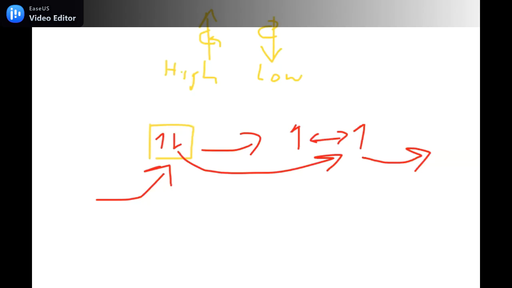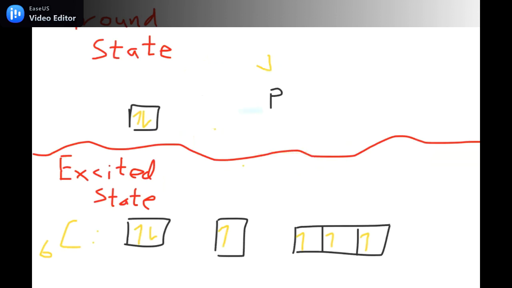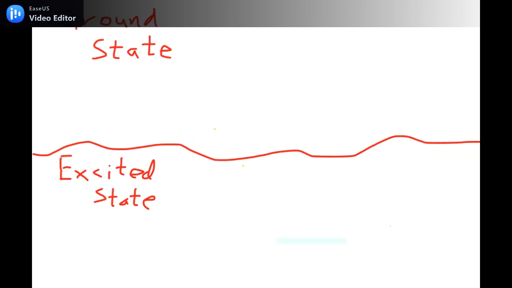I'll give another example because this is a little confusing. So for example, instead of carbon, we have oxygen.